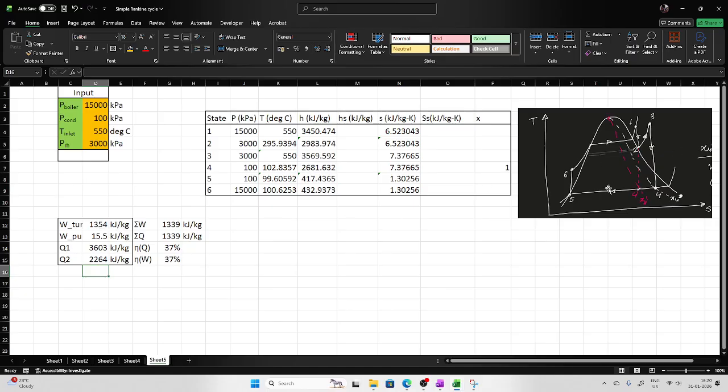The net work output from this cycle will be 1339, and the net heat input should be the same as the net work output, as this is a closed cycle, and the efficiency comes out as 37%. Now you can juggle with the parameters. You can see here the exit is almost on this line.